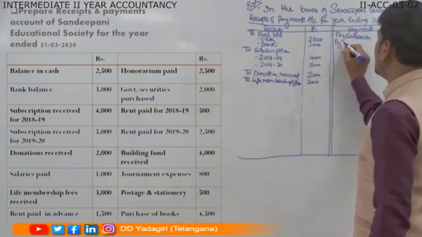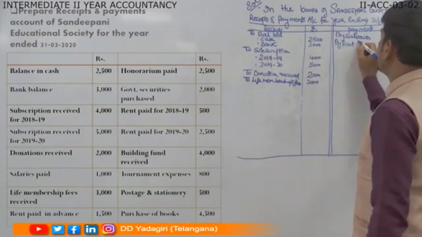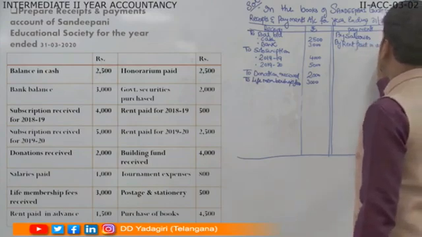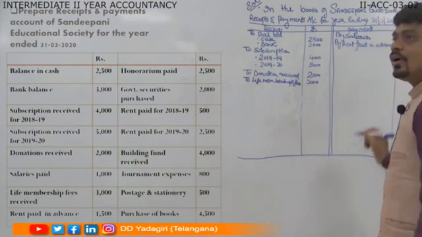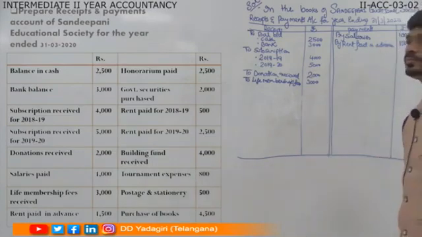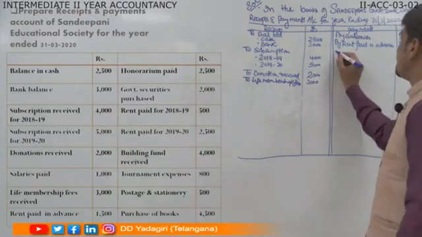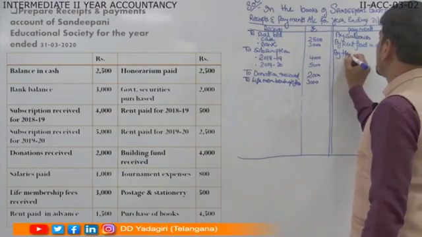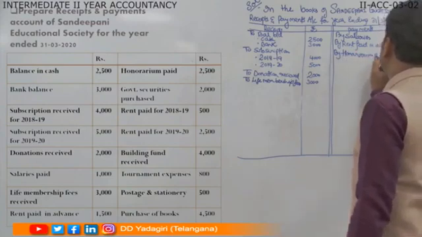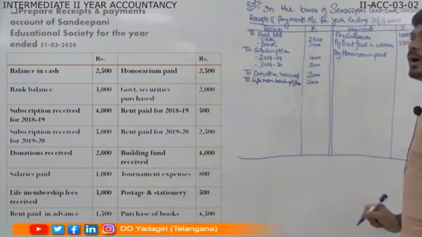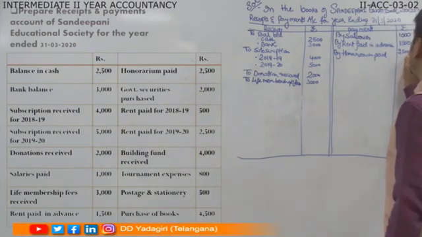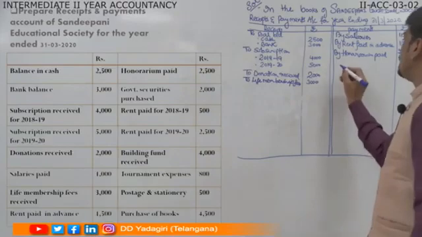So by rent paid in advance, we paid rent in advance how much? 1,500. Then honorarium paid. So by honorarium, we paid 2,500.